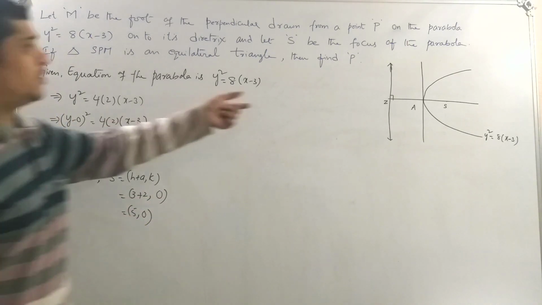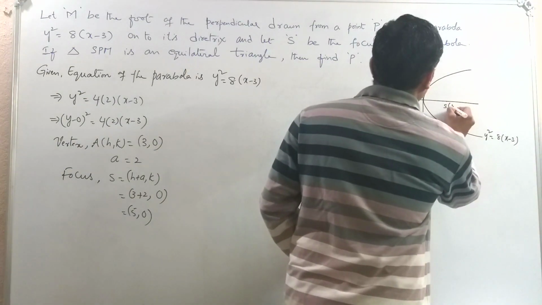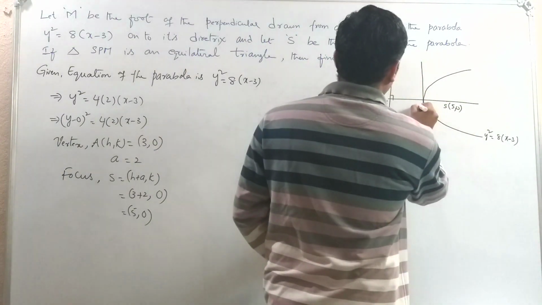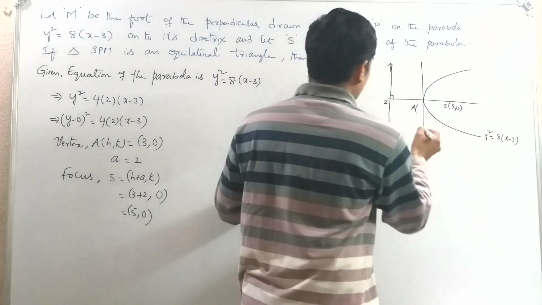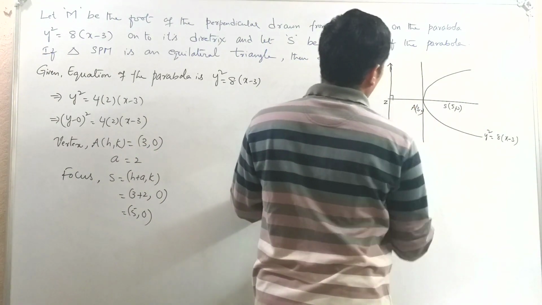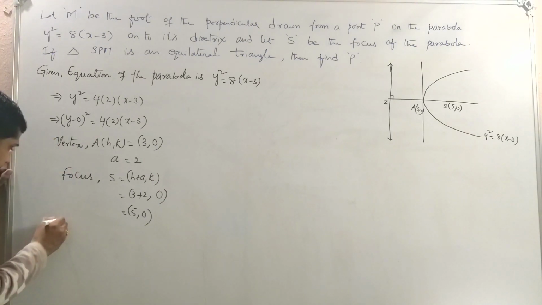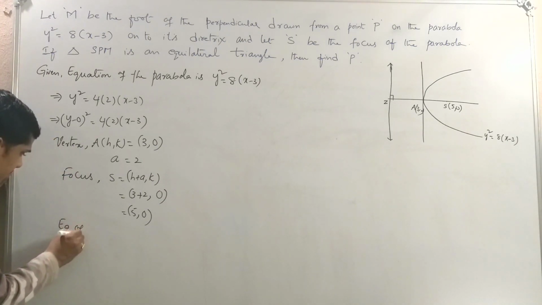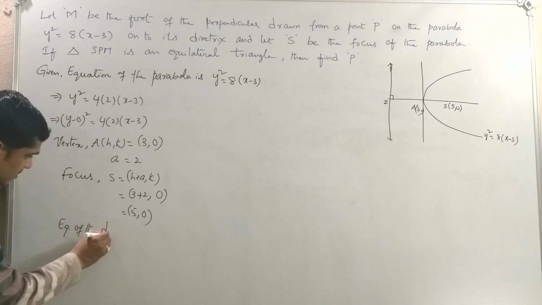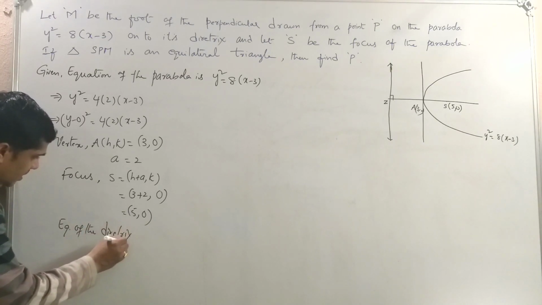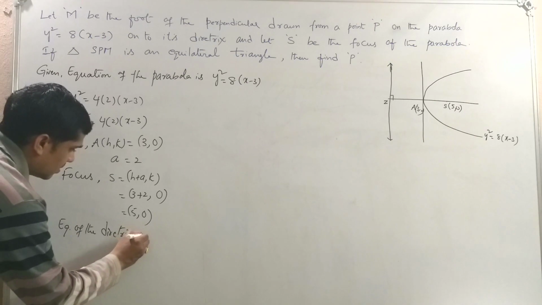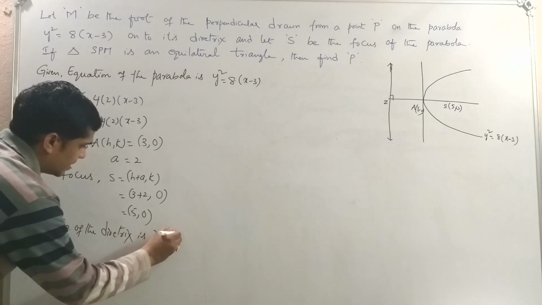Now I got the focus, that is 5 comma 0, and the vertex as 3 comma 0, and I want the equation of the directrix. So the equation of the directrix is x is equal to h minus a.